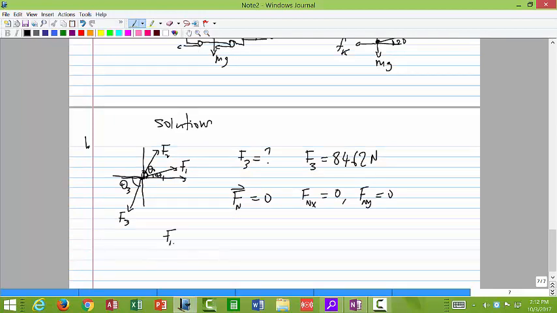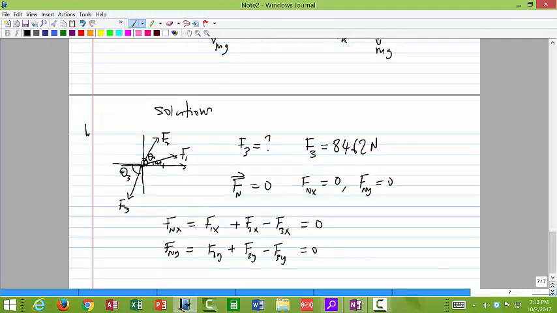So F net x is just going to be equal to F1x plus F2x minus F3x. That should be equal to 0. And then F net y should be equal to F1y plus F2y minus F3y equals 0.